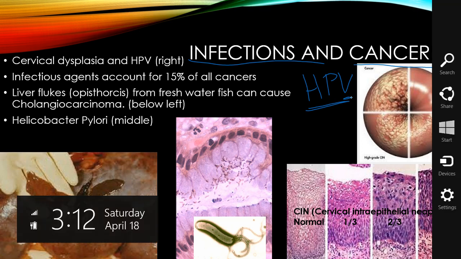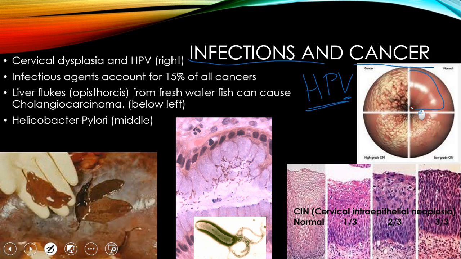So here's normally what a cervix would look like over here, normal cervix. But I guess if you get HPV in there, it can alter the cells. They can start to change, and they have these ways of measuring this. They call it CIN, which stands for cervical intraepithelial neoplasia. This is normal here, and a first degree is going to be 1/3 of it.